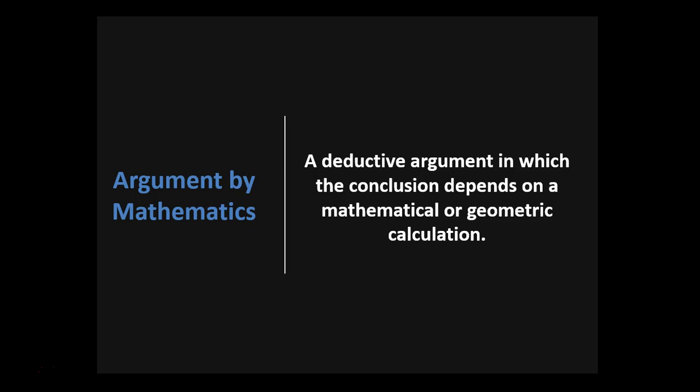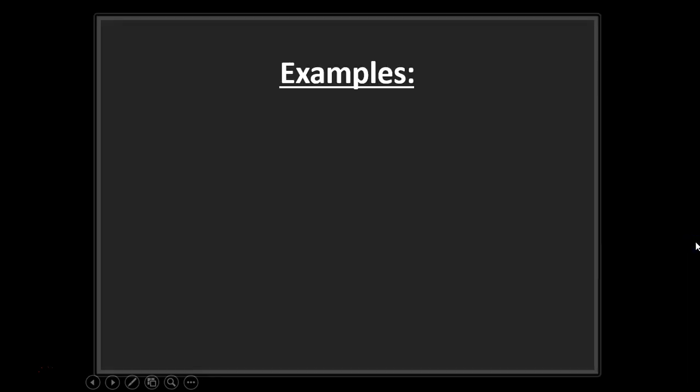So now we're just looking at deductive arguments here. First, argument by mathematics or argument by math. All right, that's a deductive argument where the conclusion depends on a mathematical or geometric calculation. We make these consistently. Right? So some examples. Bob has 1,275 songs on his phone.